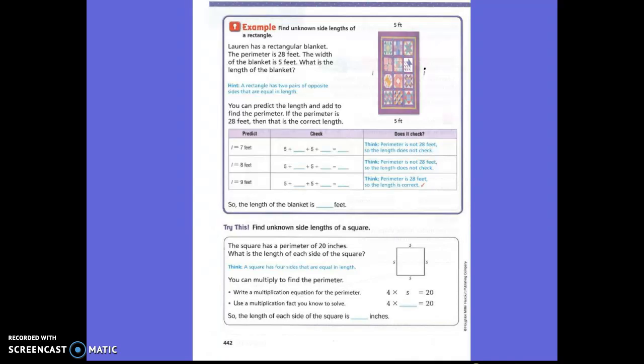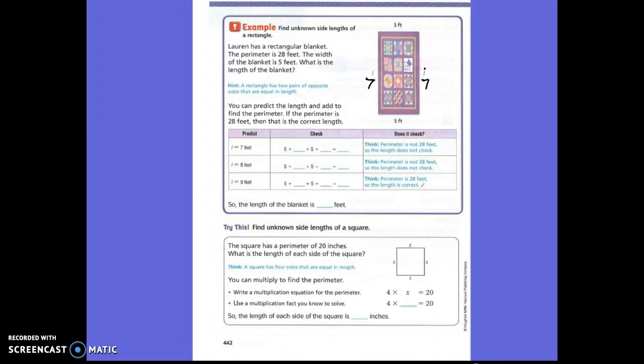Yes. Okay, but it also has to equal 28. It says you can predict the length and add to find its perimeter. If the perimeter is 28 feet, then you have the correct length. So they're saying, let's predict that this is 7. Well, if this is 7, then this also has to be 7.